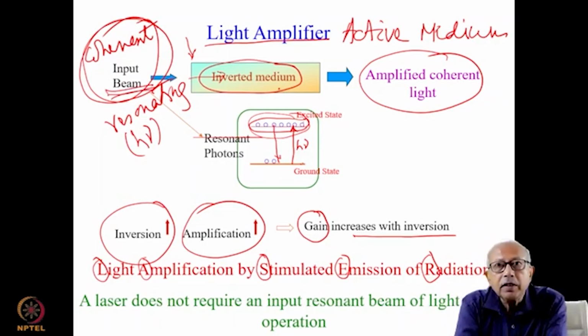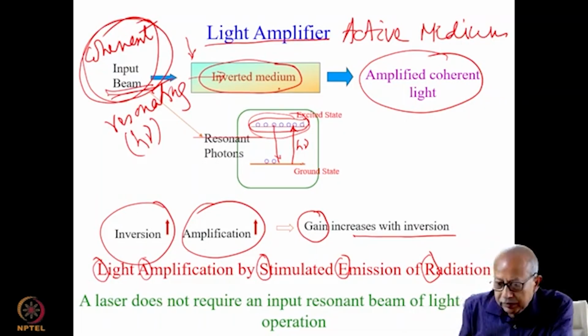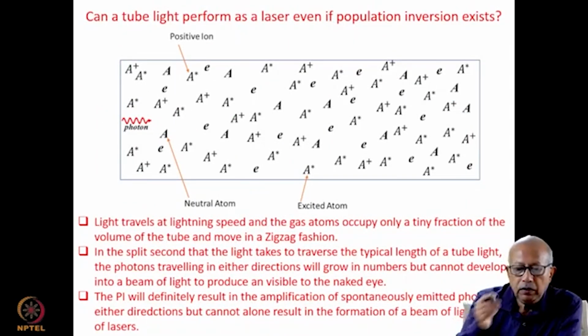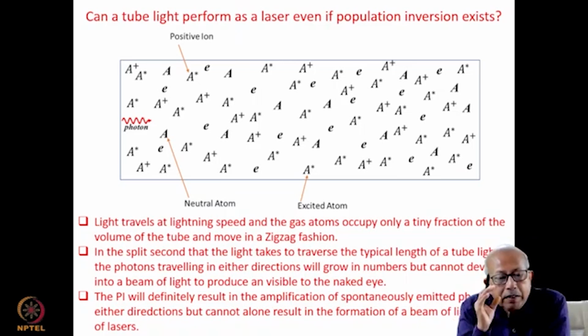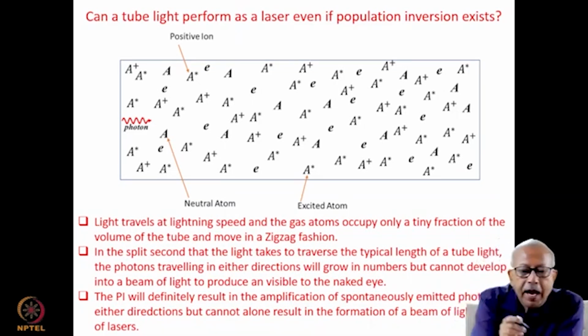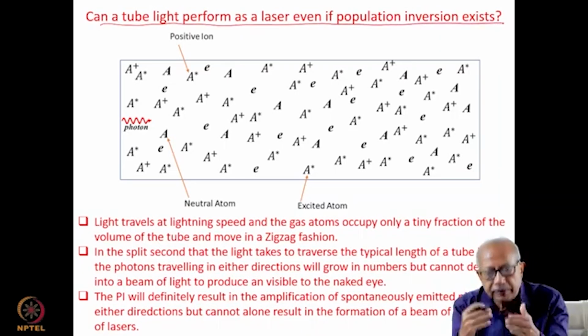Well, to understand this, we must know what a cavity is. For this, we once again delve into a fluorescent tube light and pose this question: can a tube light perform as a laser even if population inversion exists?